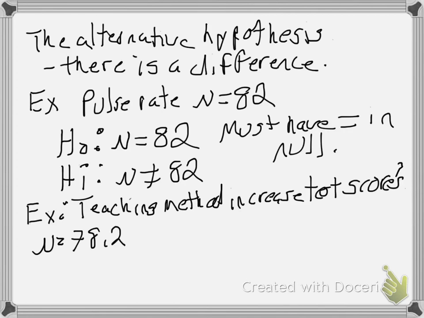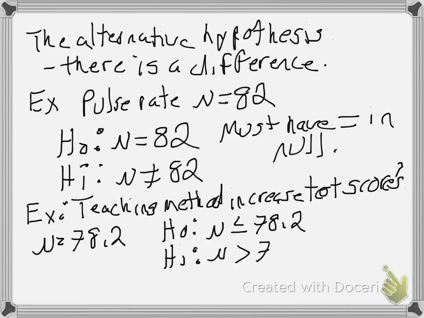Now, your null hypothesis would say that the teaching method either did not increase the test scores, or the test scores would have gone down. So what you would say is mu is less than or equal to 78.2. The alternative, the H1, would state that mu is greater than 78.2.